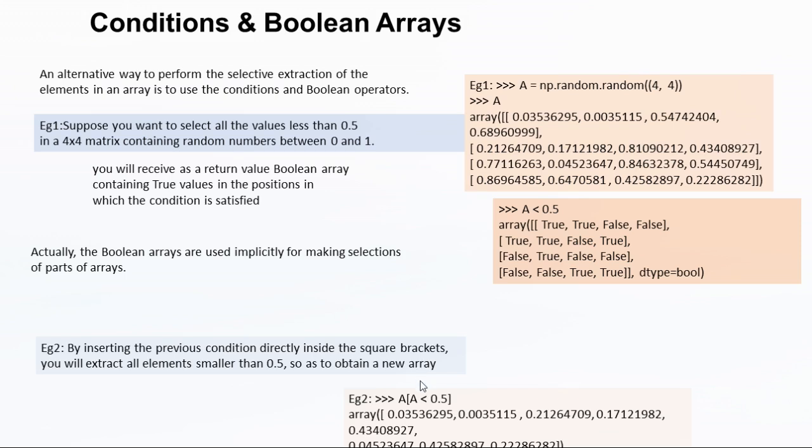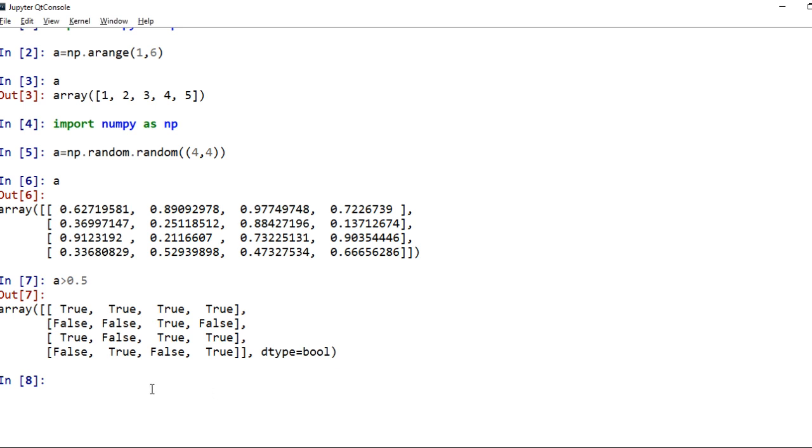Now we can use the same condition, A less than 0.5, as an index. I can put it directly inside the square brackets, something like we have here. When I put this condition inside the square brackets, all the elements which satisfy that condition would be displayed.